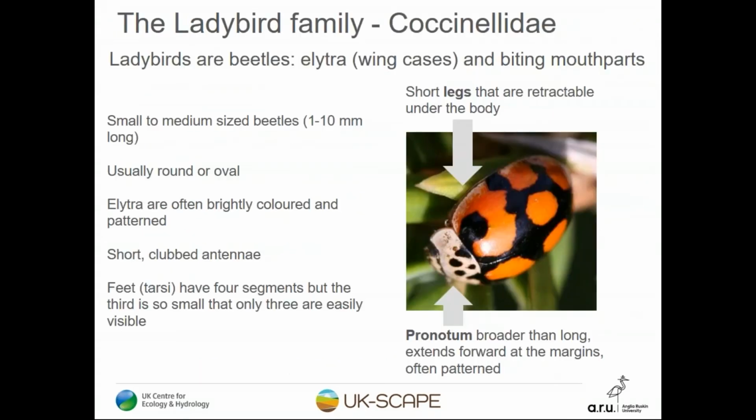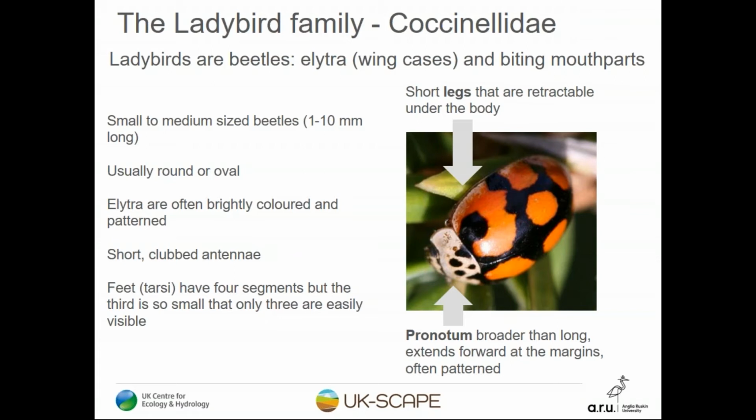So I mentioned before in the last webinar some of the features that you can use to help you identify ladybird adults, and I thought it was useful just to remind ourselves of those features. So ladybirds are small to medium-sized beetles. They're usually round or oval, but we'll see as we move through the presentation today that some of them can be quite flattened and quite elongate.